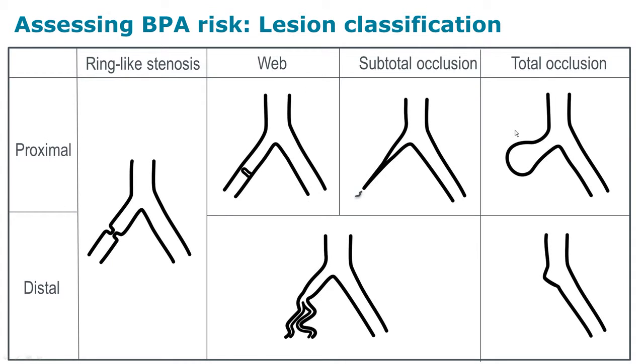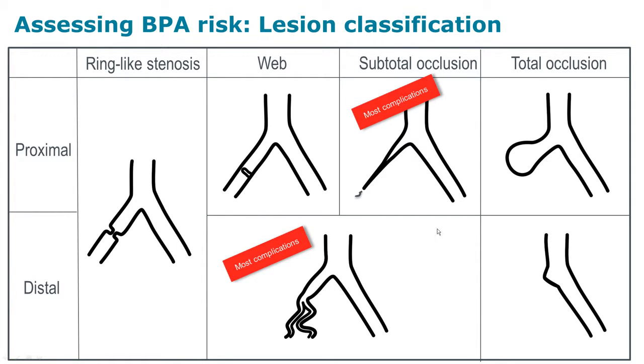Bringing that all in a more readable texture, I've drawn out here the various lesions that are present in the lungs of CTEPH patients, regardless of operability or non-operability. There are the ring-like lesions, the webs, which are intravascular fibrotic flaps, the subtotal occlusions, the pouch defects, and in the distality, the feared tortuous lesions and the occlusions.